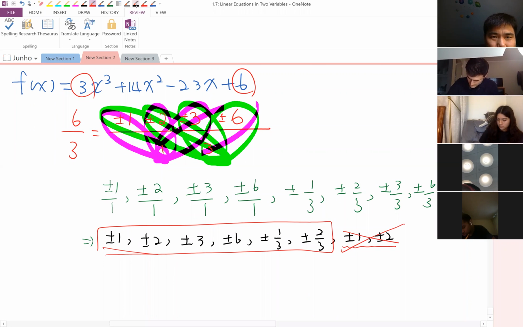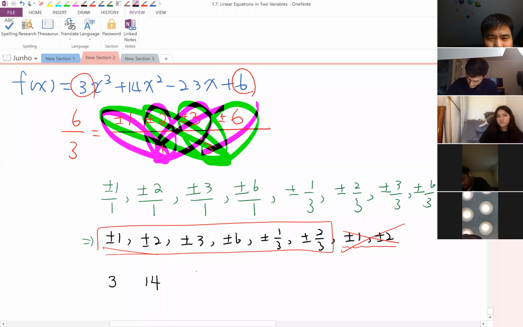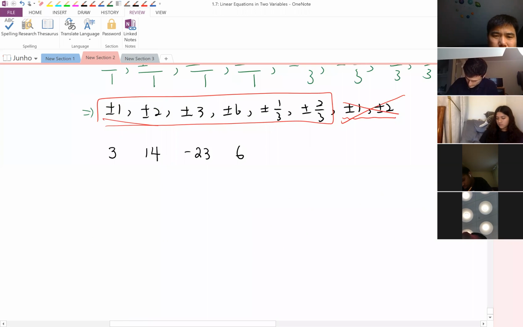So don't forget we are taking all the coefficients and the constant number: 3, 14, negative 23, and 6. And then we are doing 1/3 here. So we draw down 3.